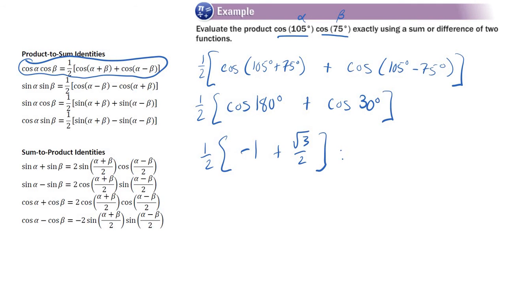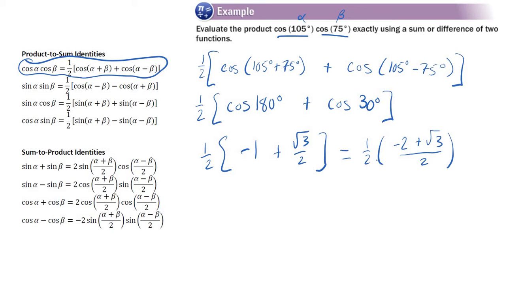So now let's just simplify this a little bit. Again, let's get a common denominator here. And so, in fact, I guess I could just distribute, but let's combine this first. So this would be -2/2. So if I have 1/2 times -2 plus √3 all over 2, and again, all I did was get a common denominator, turn that into -2/2.